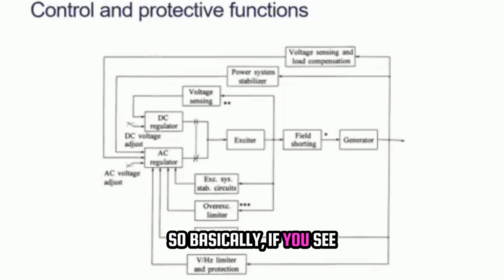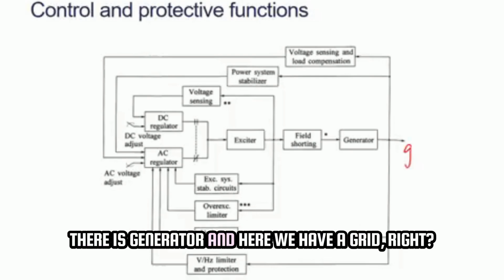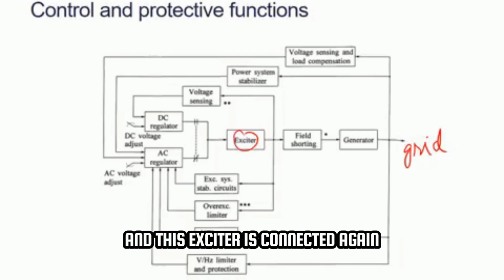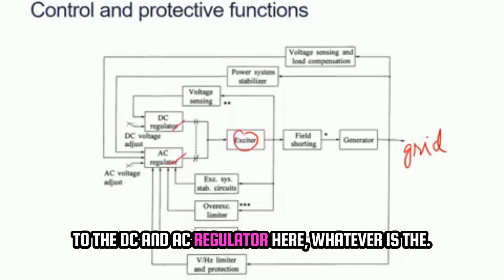So if you see the diagram here, there is a generator, and here we have a grid. I'll explain all the blocks quickly one by one. Just ignore this field shorting for a while. So the generator and grid are there, then there is an exciter, and this exciter is connected to the DC and AC regulator.